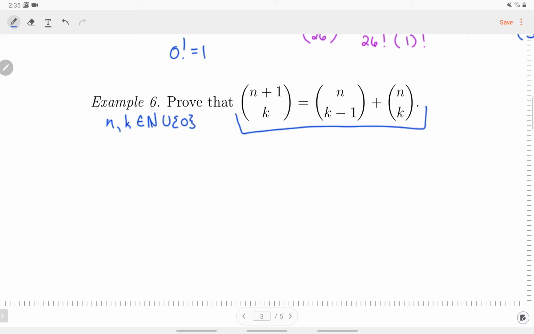I am allowed zeros, okay? And that k is less than or equal to n. So when I use this notation, that's the hidden assumption, that I'm not dealing with weird decimals or fractions. I'm not dealing with negatives, okay? It's just 0 and positive integers, or 0 and natural numbers. And we're going to assume k is less than or equal to n. All right. So that's our hidden assumption, okay?